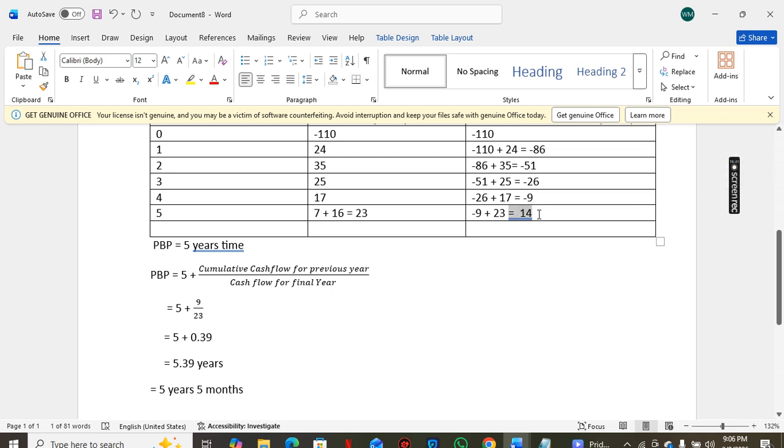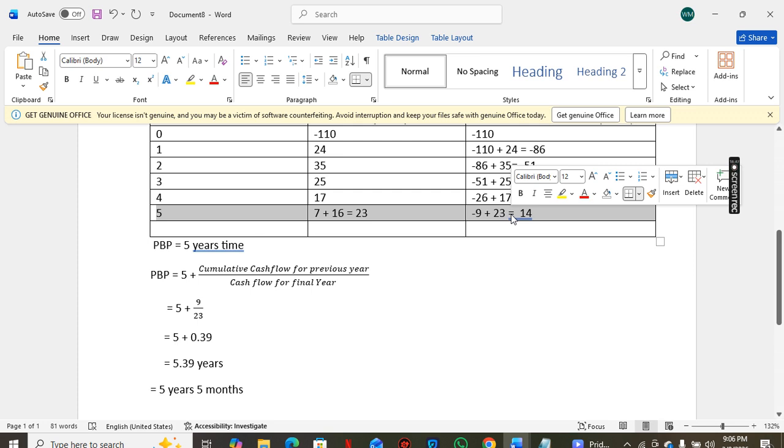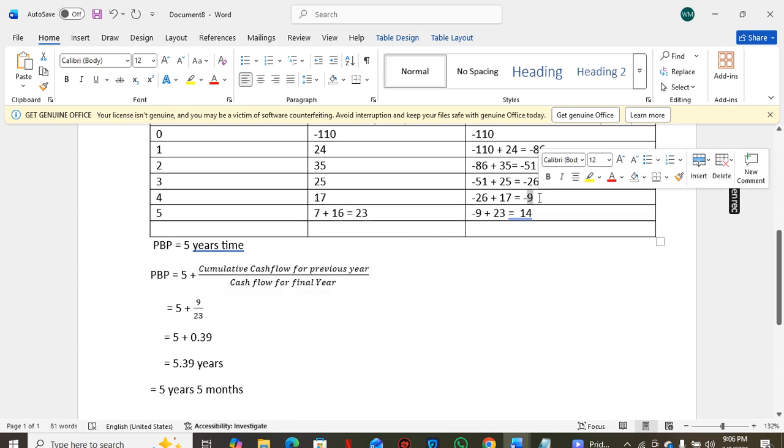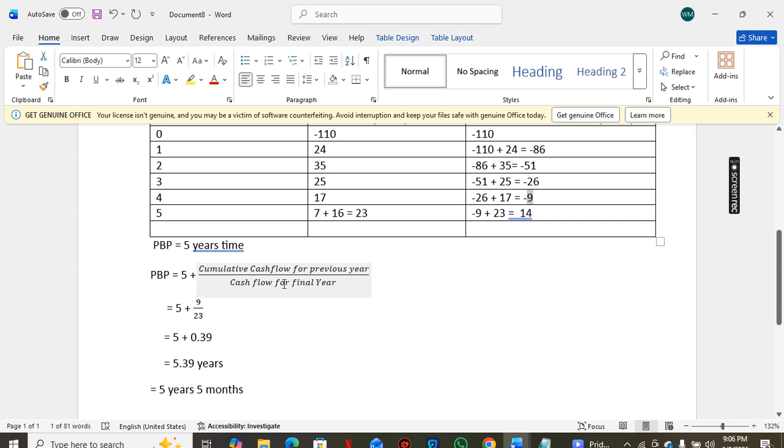Don't get this 14, please. So you see, where does the payback period stop? It stops here in year 5. Then you say cumulative cash flow for the previous year. Then you get this 9. Not negative, you get the positive. Just put it as a positive number, over the cash flow for the final year.